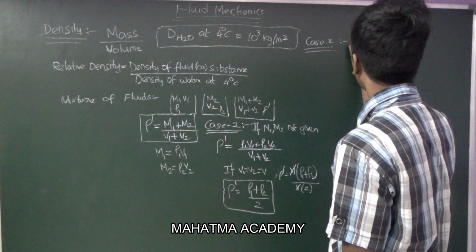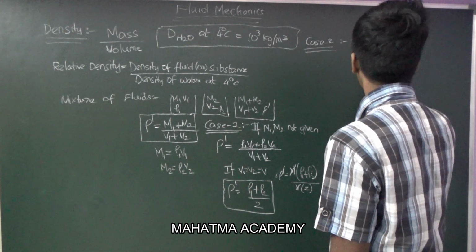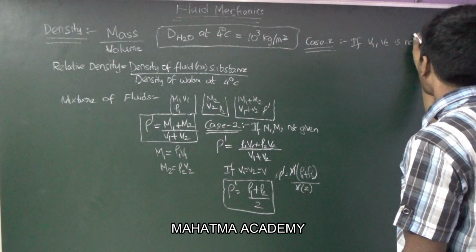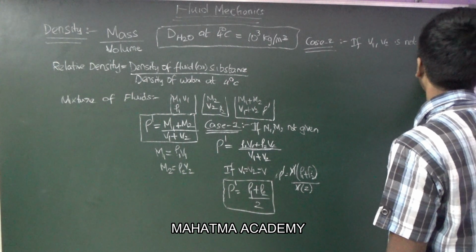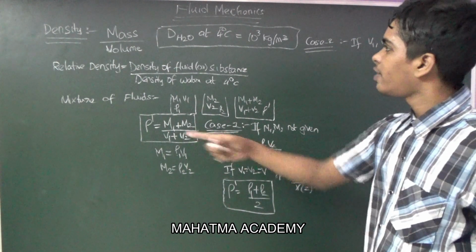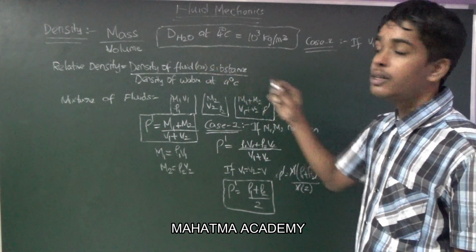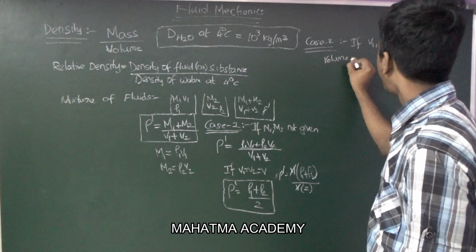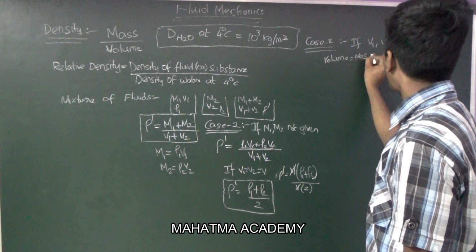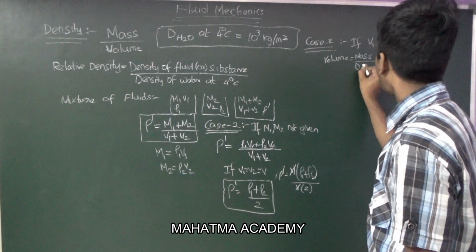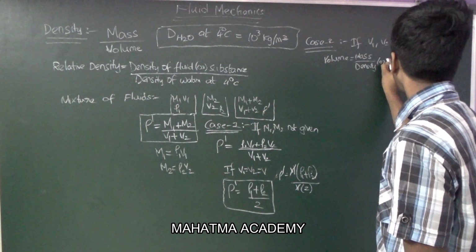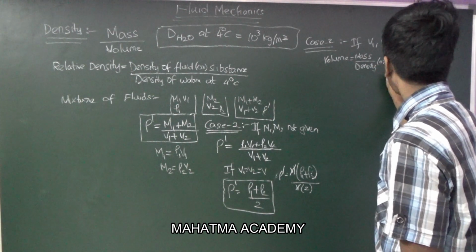Okay, if V1, V2 are not given. Now from the density formula, we can substitute volume is equal to mass upon density, or m upon rho.